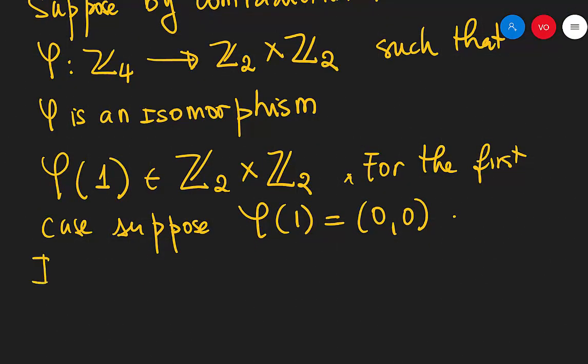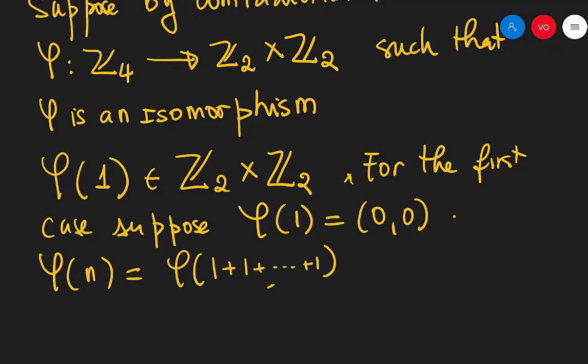In such a case, if we consider phi of n, it will be phi of 1 plus 1, plus 1, n times.